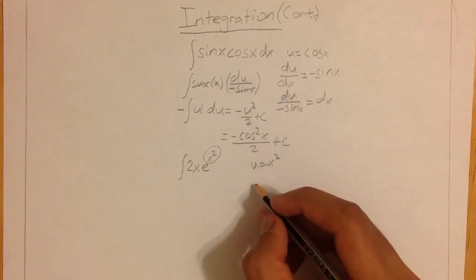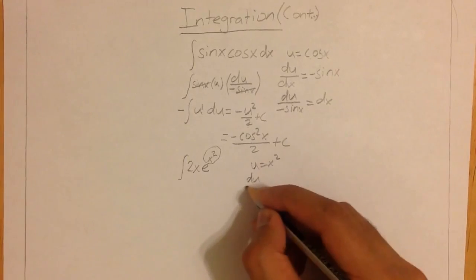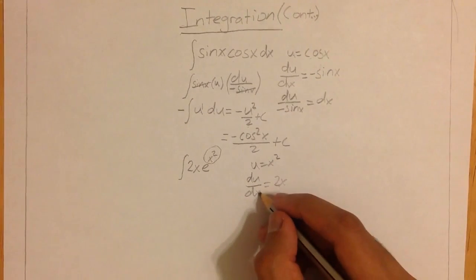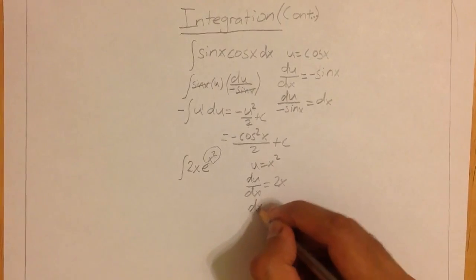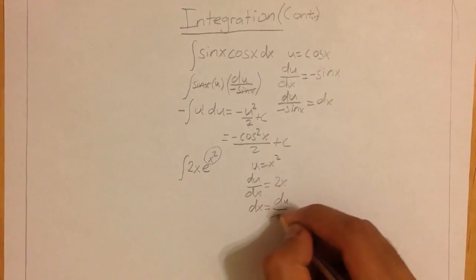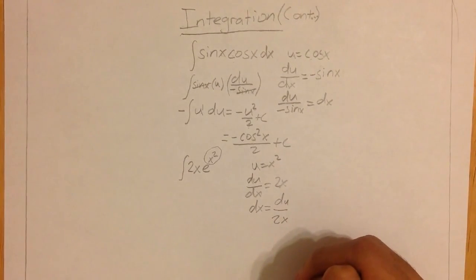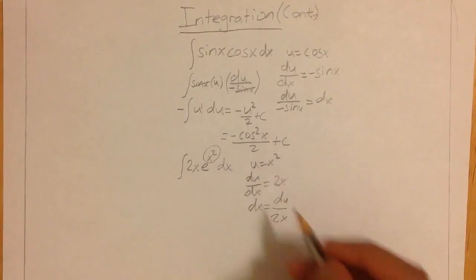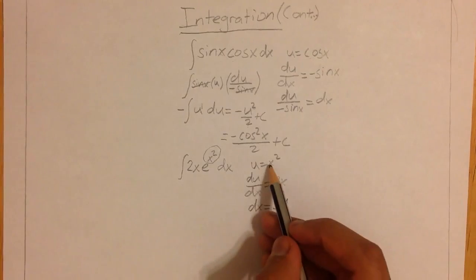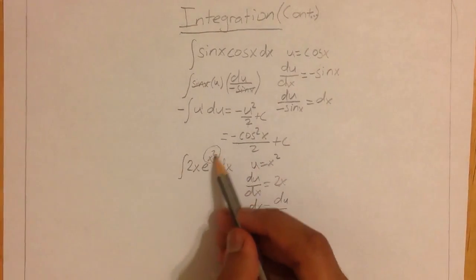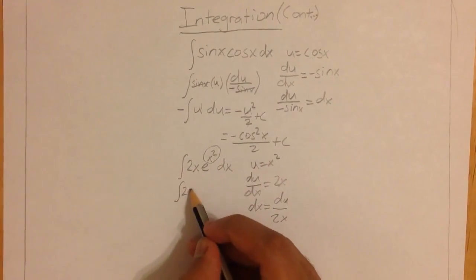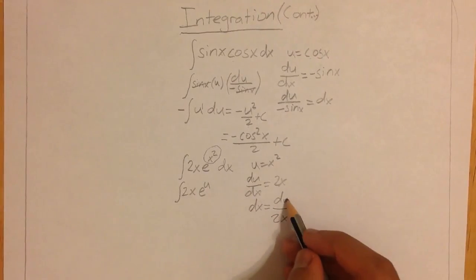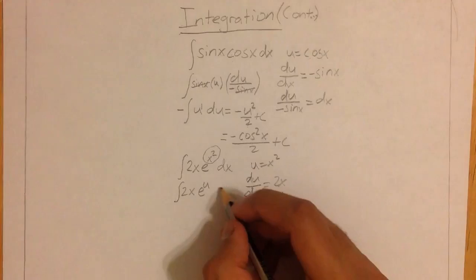Then using the same method, differentiate x squared to get du over dx equals 2x, and then solve for dx. So your dx will equal du over 2x. And remember, there's a dx over here as well. So we can plug in u for x squared, integral of 2x e to the u, and plug in du over 2x for dx.